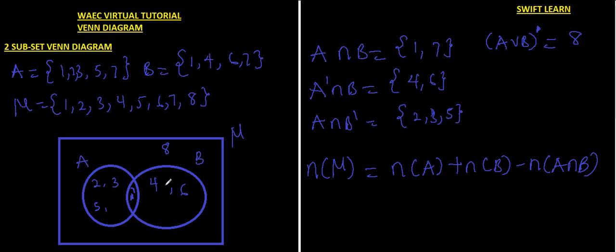The same for B, including what is common. That's why we subtract this. So this is the formula or the law. We'll be solving a question right now to show what we are talking about.